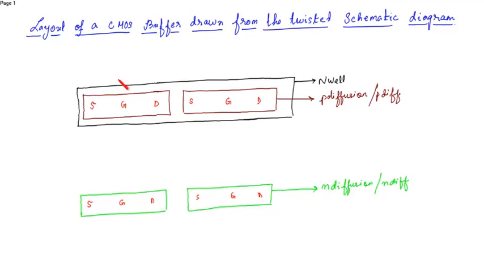We know in an inverter the gates of the PMOS and NMOS are connected. And we know this is poly, this is a poly layer.